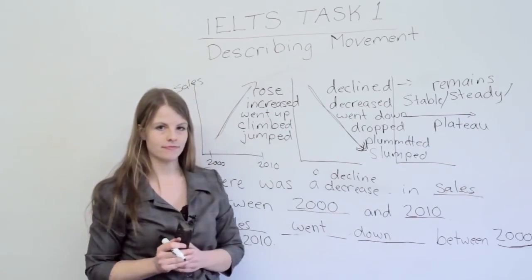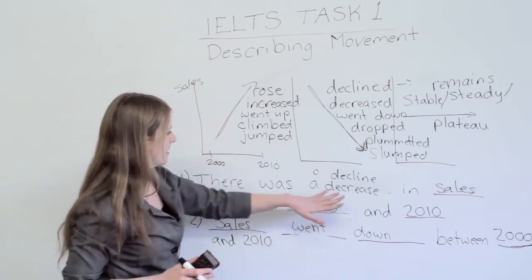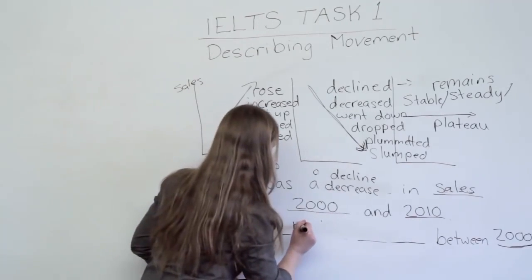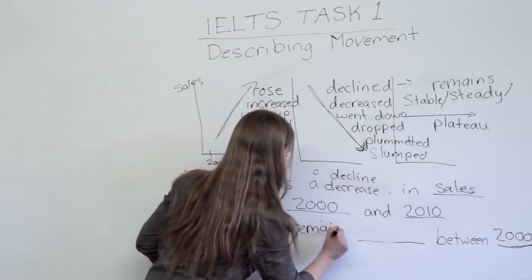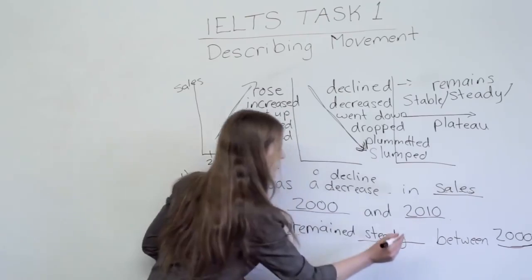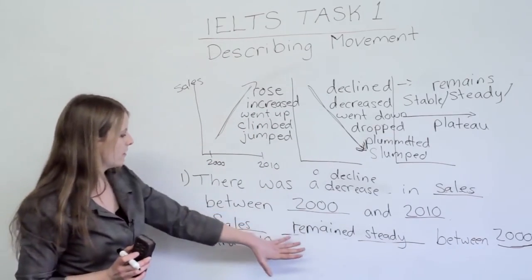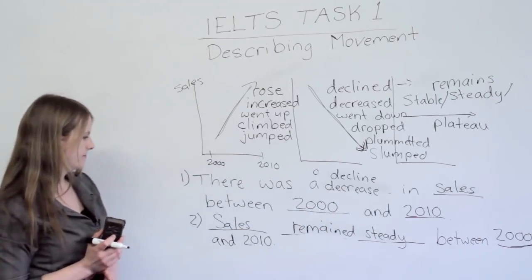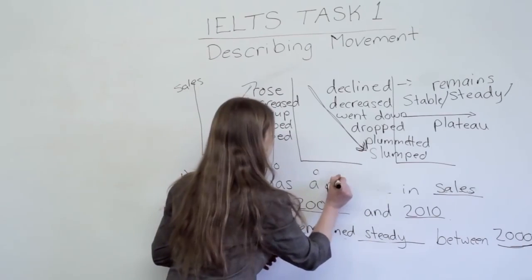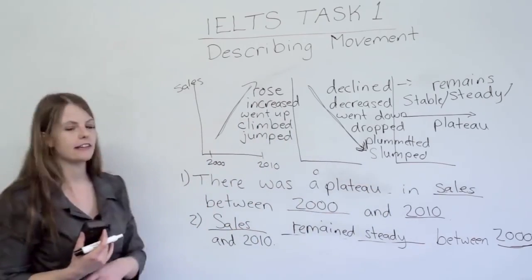So: sales remained steady between 2000 and 2010. Sales remained stable. There was a plateau in sales between 2000 and 2010.